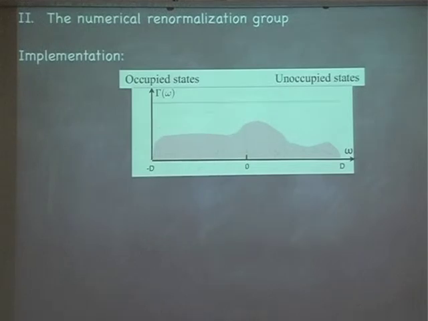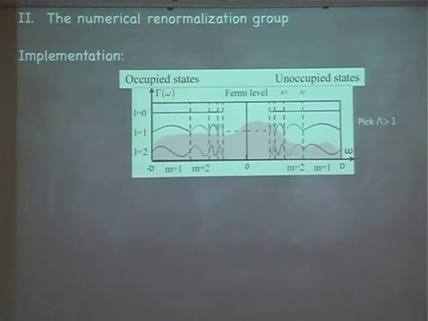Okay, so the next step is we take what we just learned before and divide our energy axis into a series of logarithmically discretized intervals. Namely, here we pick a lambda larger than 1. The first interval has width 1 over lambda, the second one has the width 1 over lambda squared, the third lambda cubed and fourth, and so on down to 0.